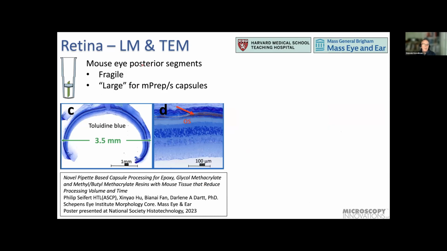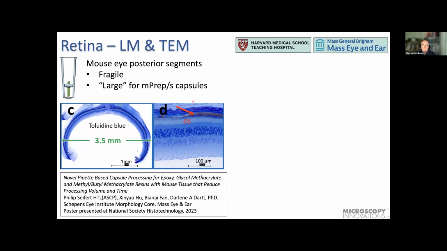Phil worked with mouse eye posterior segments. These are a fragile sample, and they're relatively large for mPrep capsules. In this particular case, this section through the posterior cup shows that the specimen was about 3.5 millimeters across. The inside diameter of the capsule is about 4.5 millimeters, so relatively large.